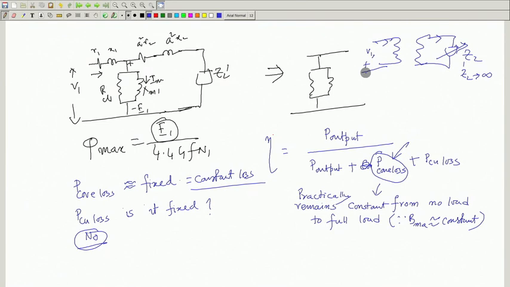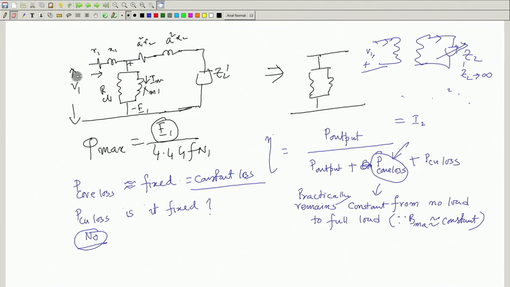Then the copper loss, in terms of the primary side, will be I1 squared Re1, which is the same as I2 squared into Re2, which is the same as, I should write, I2 dash squared Re1. What is the total copper loss?